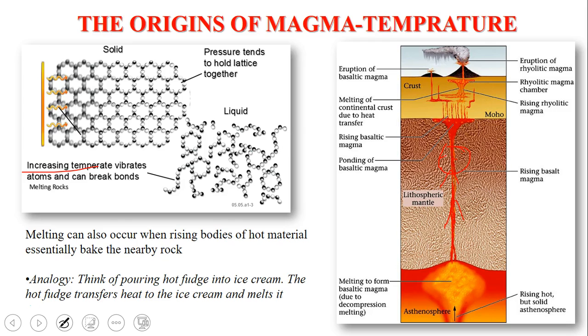And with that generation of magma, you can then have the formation of igneous rock bodies. So, by simply increasing the temperature, we can actually melt rock.